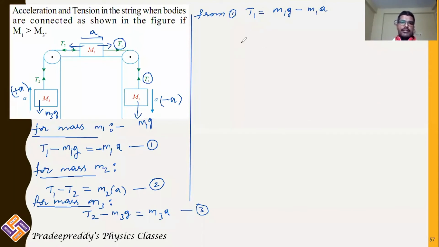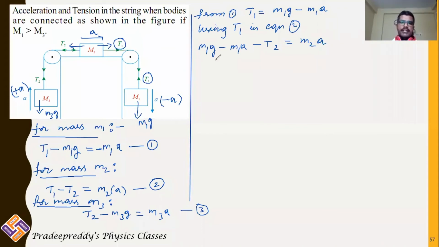Substituting this T1 in equation 2, m1g minus m1a minus T2 is equal to m2 into a.